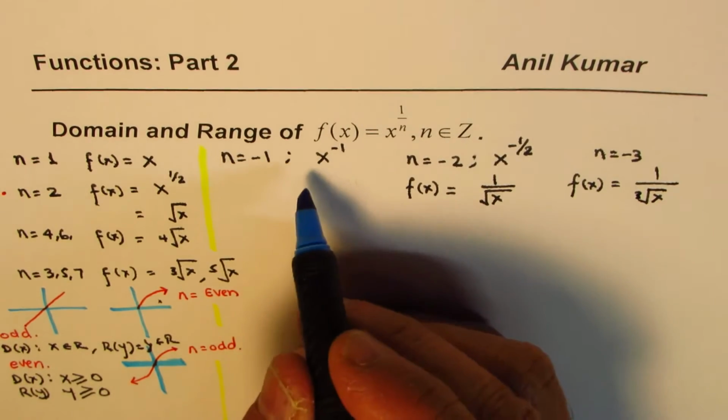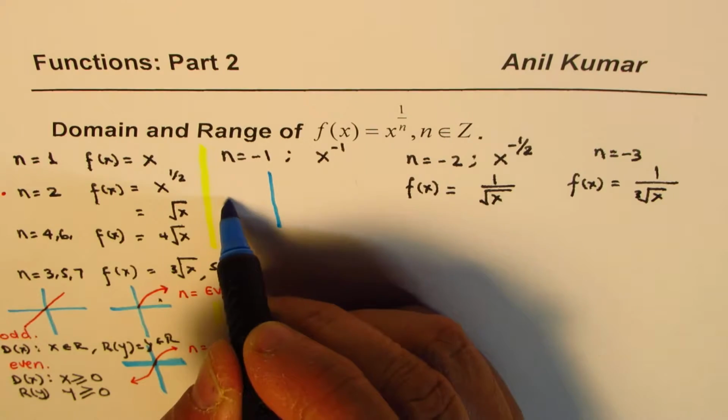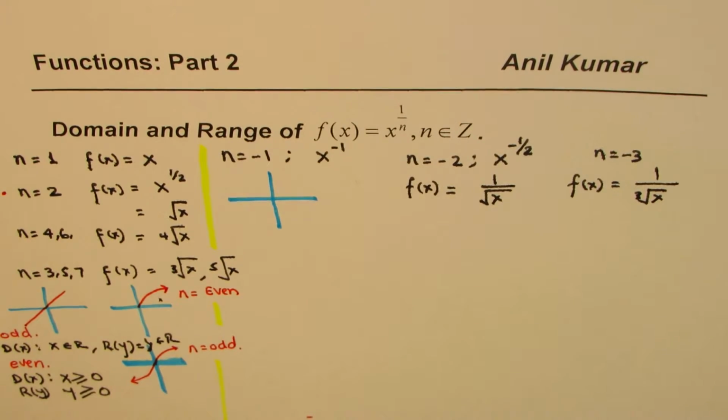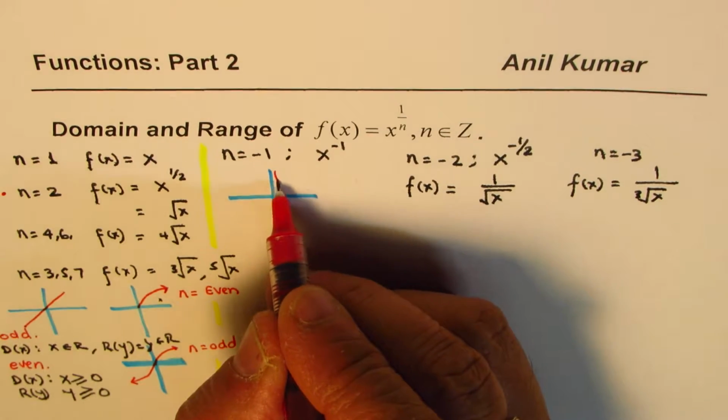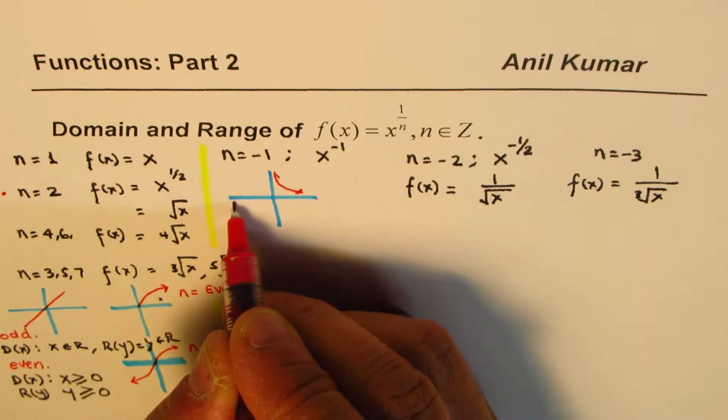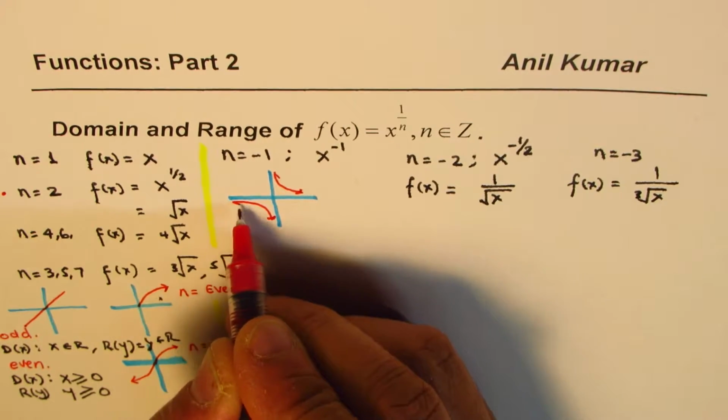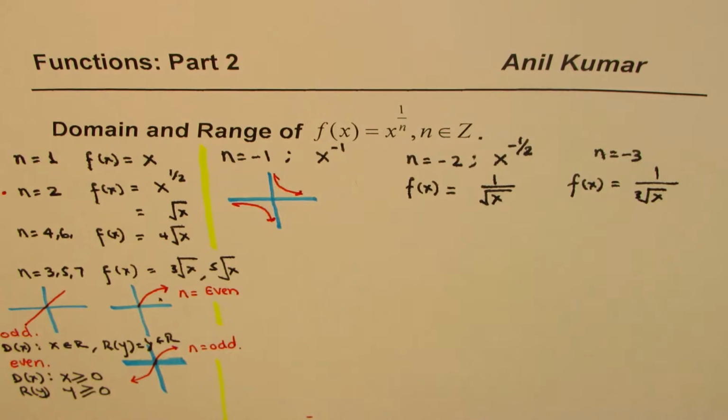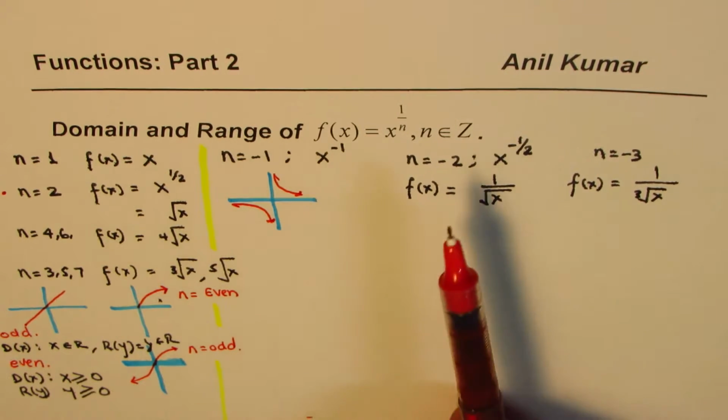The first graph is kind of simple. We have already done this, so I'll sketch a small one here. It is 1 over x, the reciprocal function, and that's the graph. We discussed this in our first part also. Now let me consider these two graphs.